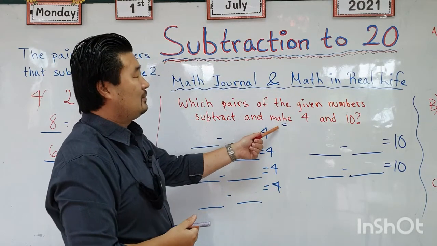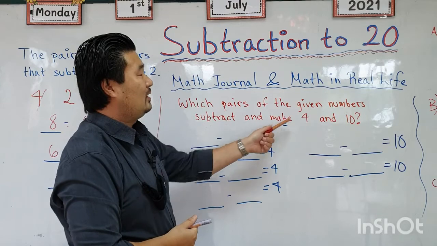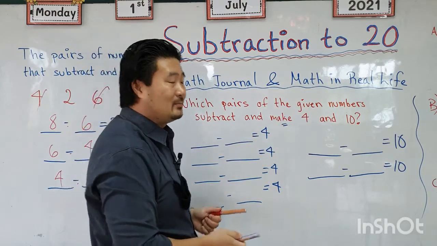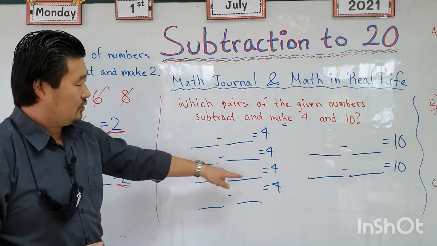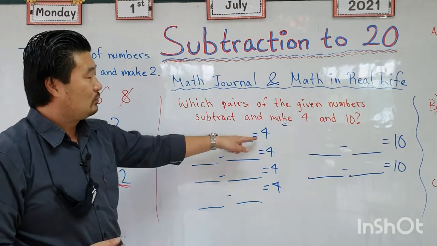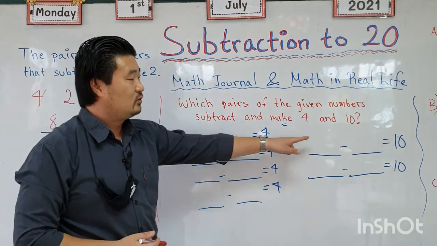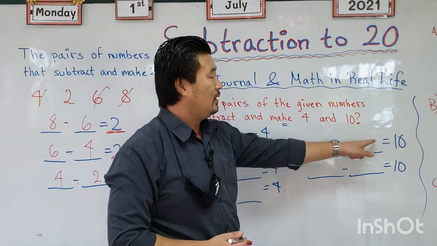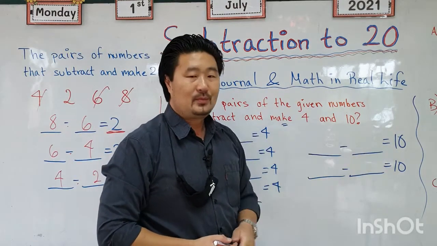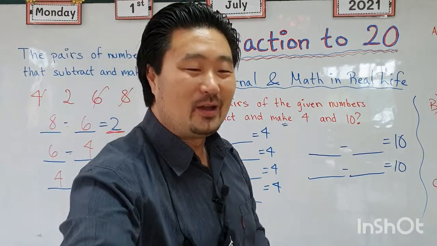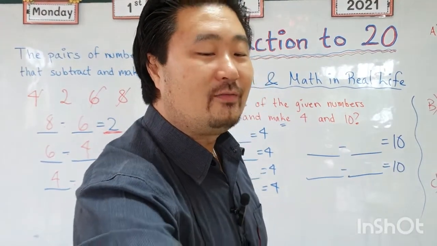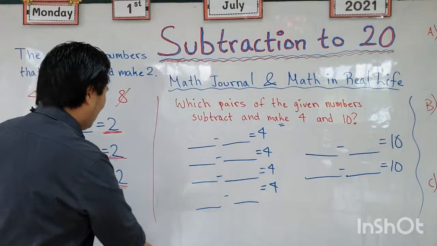Make is the same as equals. Make 4 equals 4. Same. So you have 4 number sentences that will equal 4, and you have 2 number sentences that will equal 10. But I forgot to write the numbers. You have the numbers on page 256, but I will write the numbers as well.